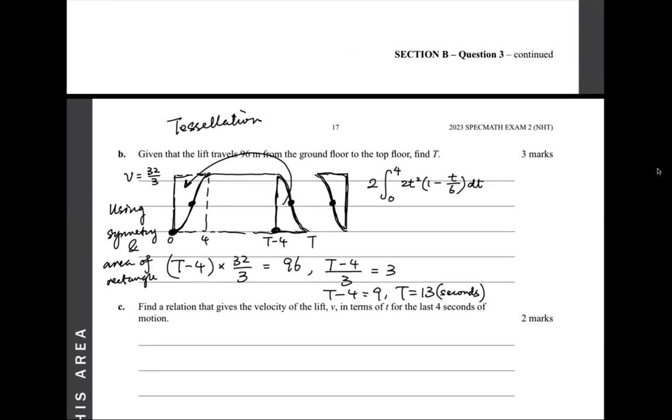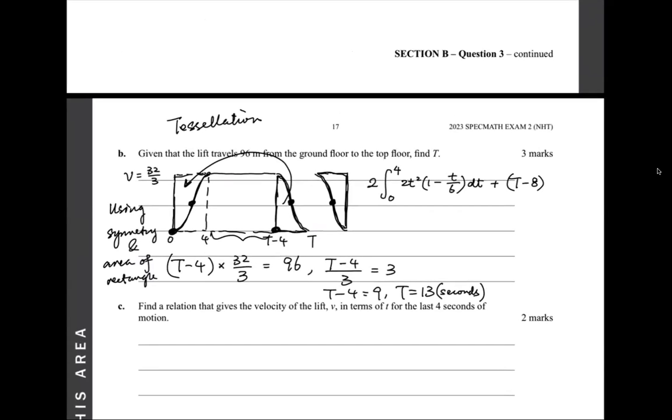Well, 2 lots of the area plus t minus 8 times the velocity here, 32 over 3, equals 96. If you solve this equation, I believe it's still t equals 13, okay? All right, 3 marks, 3 generous marks, I believe.